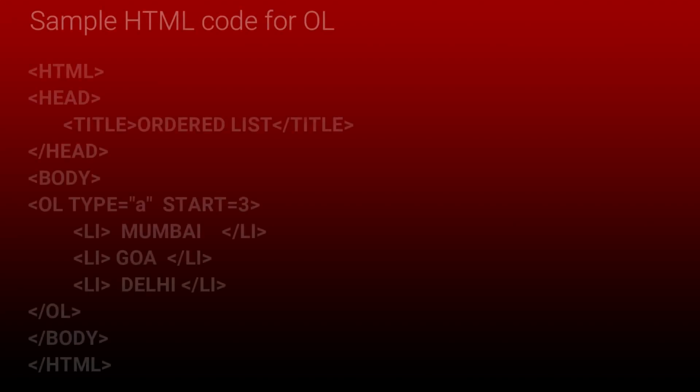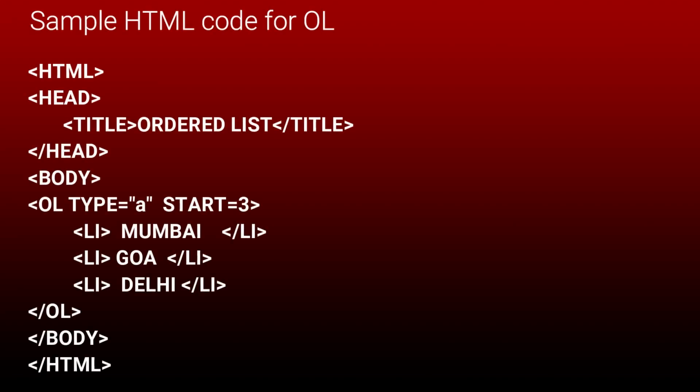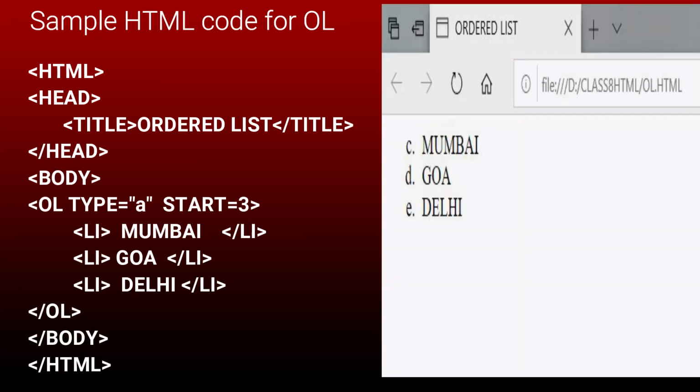This is the sample HTML code for the OL tag. In this code, you will see I have written OL type equal to A, start equal to 3. And then I have given 3 items with the li tag.